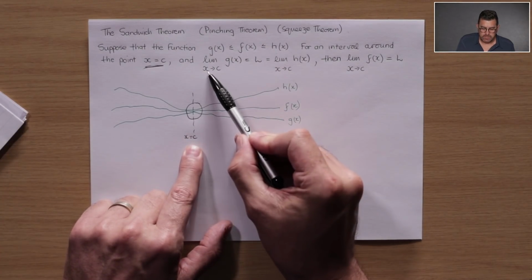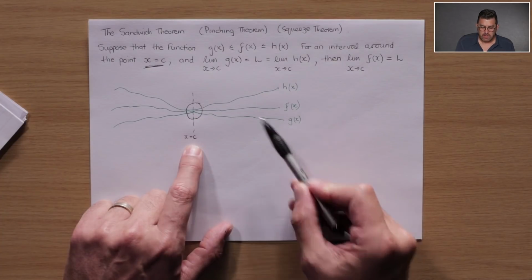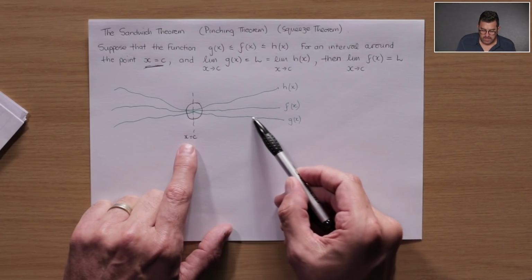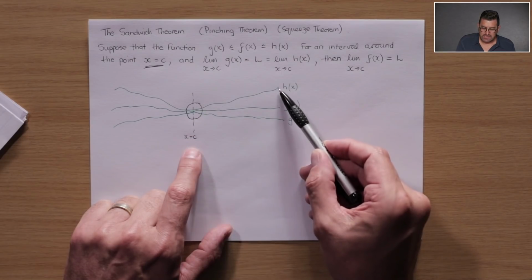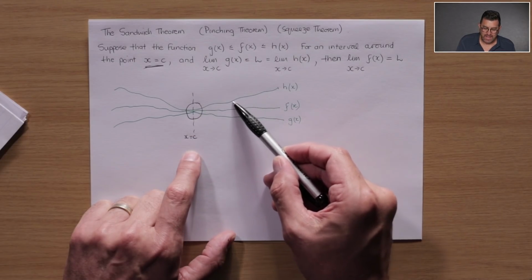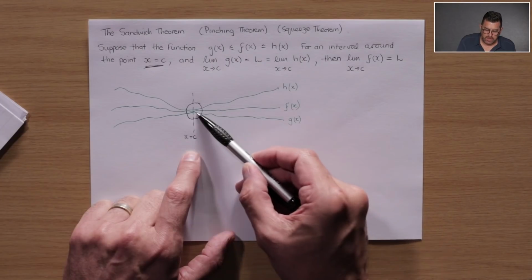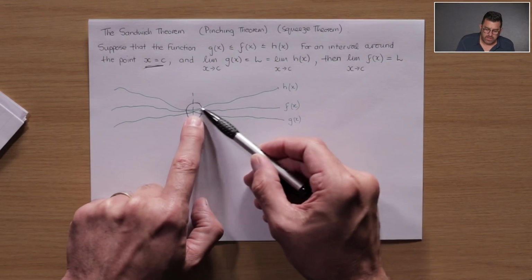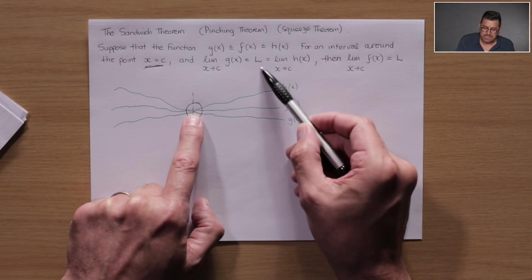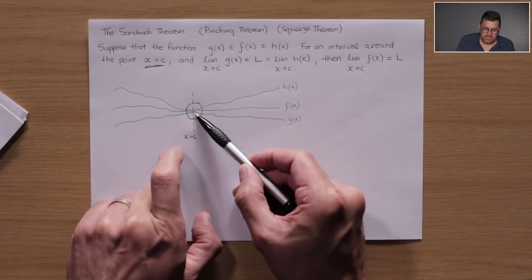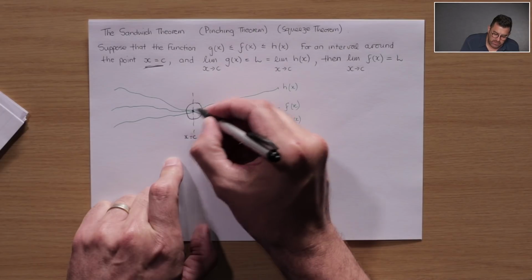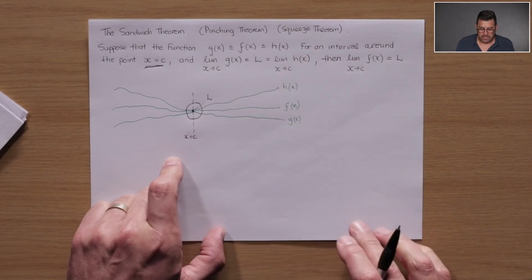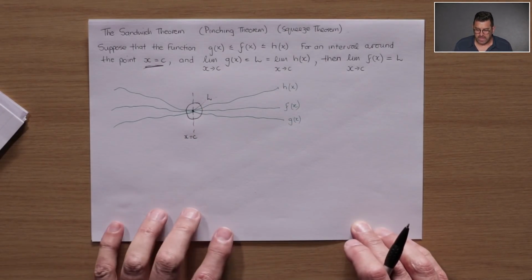It says the limit when x approaches C of g of x takes on the value L, and so does the limit of h of x. So the bottom function and the top function's limits are the same when x is approaching the value C. And that value is L.